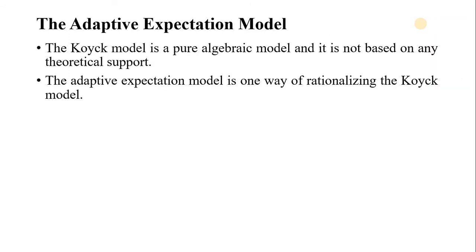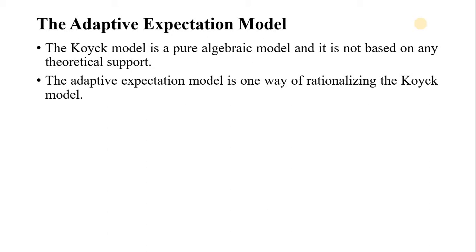Starting with the adaptive expectation model, it is a theoretical rationalization of the Koyck model. The most important limitation of the Koyck model is that it is a purely algebraic model and not based on any theoretical support.